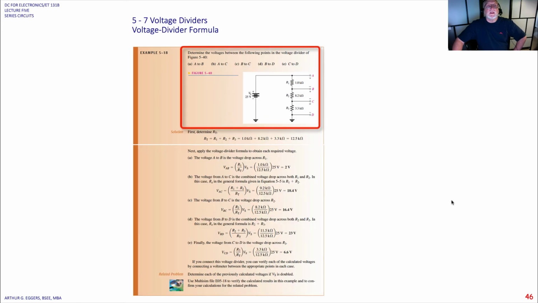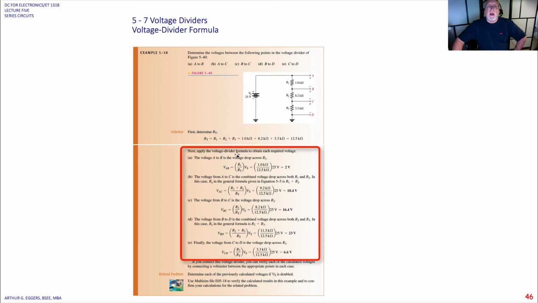Okay, the next one here, they ask you to determine the voltages between the following points in the voltage divider. So now we've got pick-off points here. We've got points A, B, C, and D, where we're picking off voltages from the source as they've been divided, or the voltage drops occurring. If we first determine the total resistance, we come up with 12.5 k ohms.